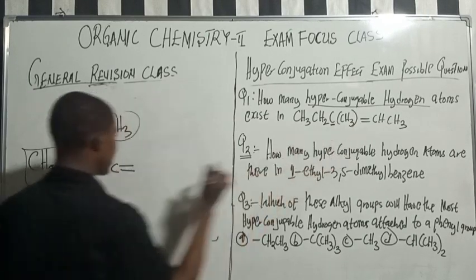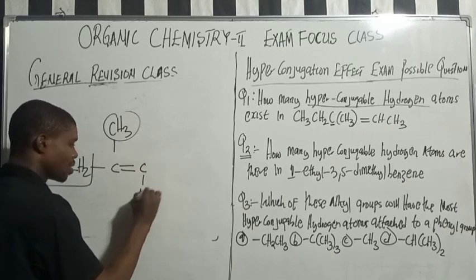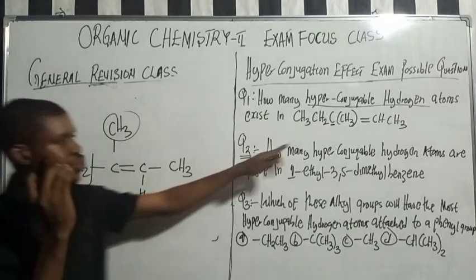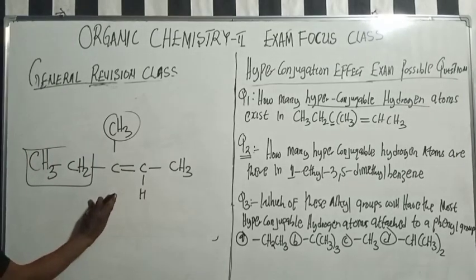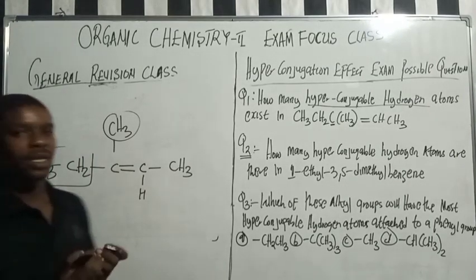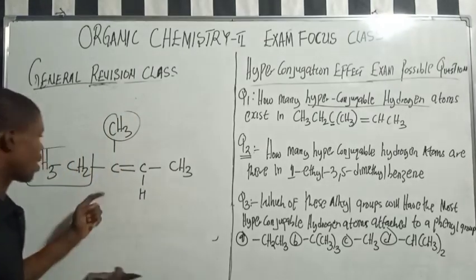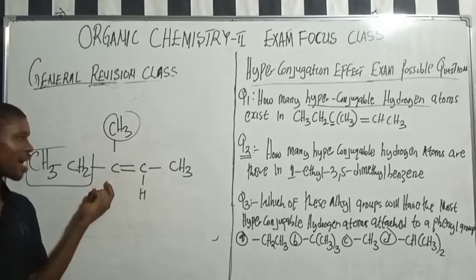It's double bonded to this carbon here. This carbon has hydrogen and a methyl group. When you have a structure like this, the first thing you want to do is draw the structure out, otherwise you cannot see how many alpha carbons you have here.